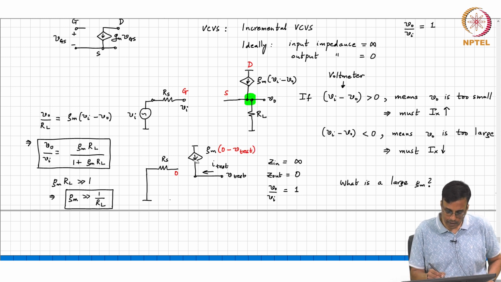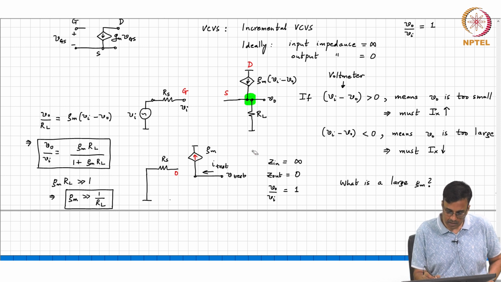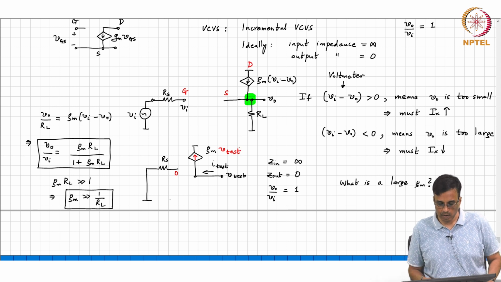So, that is equivalent to changing the direction of the arrow there and making this simply GM times V test. So, what do we conclude therefore?